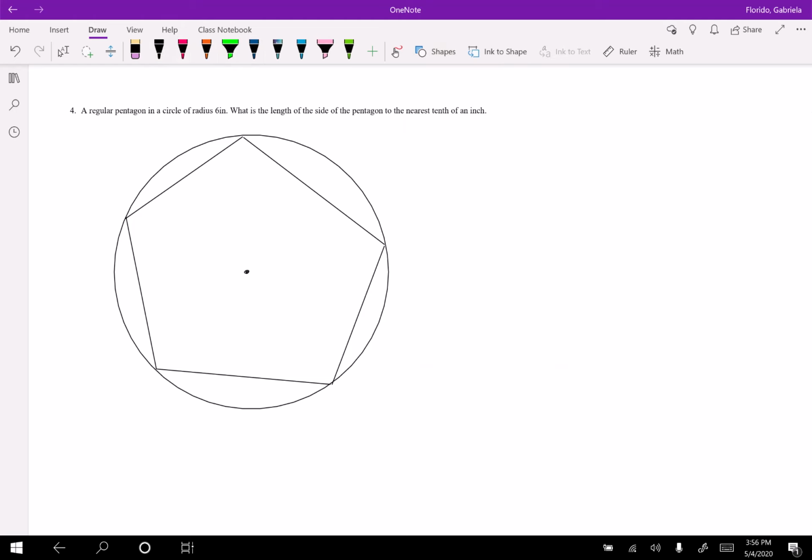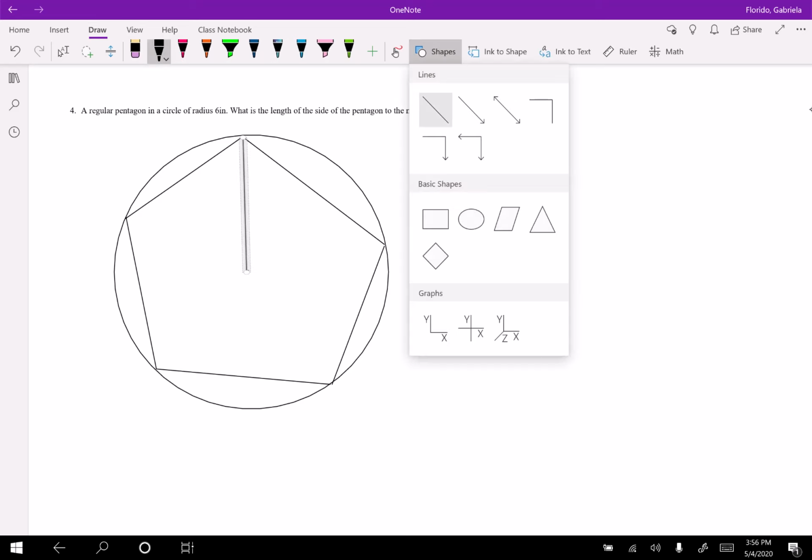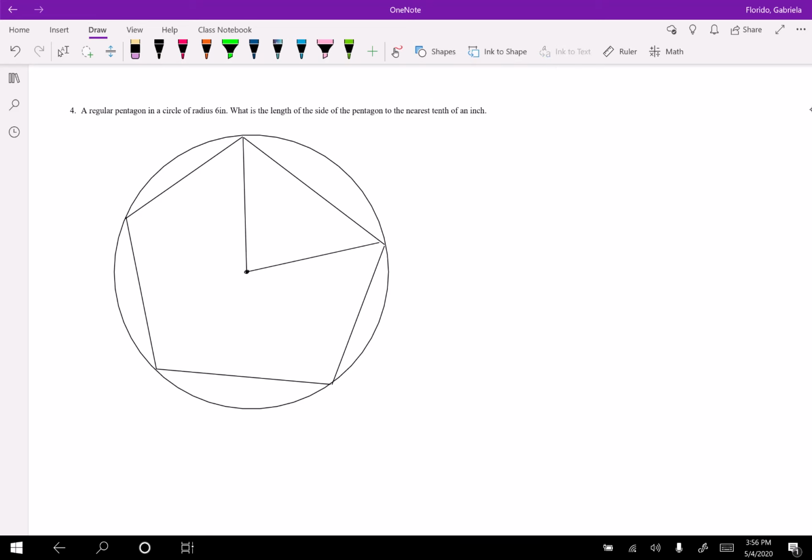If I draw a line from the center to that end, and from the center to this end, we've just created a central angle. Let's call that central angle alpha.